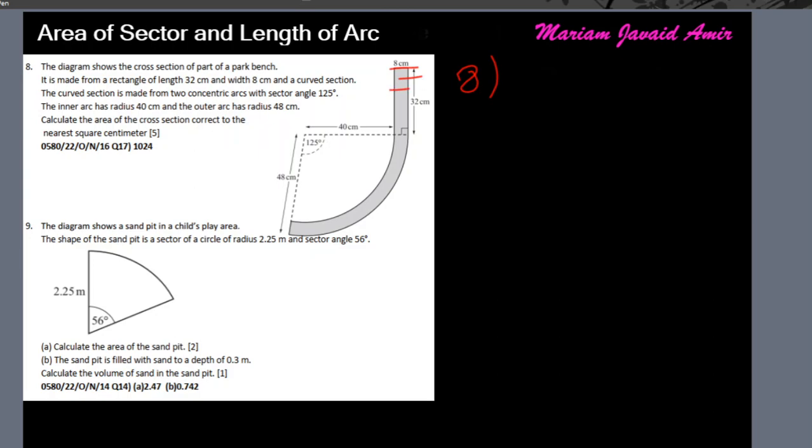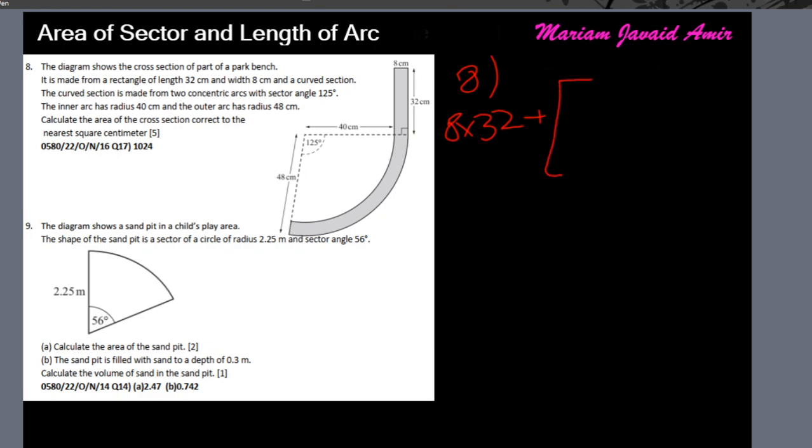So this is a rectangle, so the area for that will simply be 8 times 32, plus the area of this shaded region only, which is total area minus unshaded area.